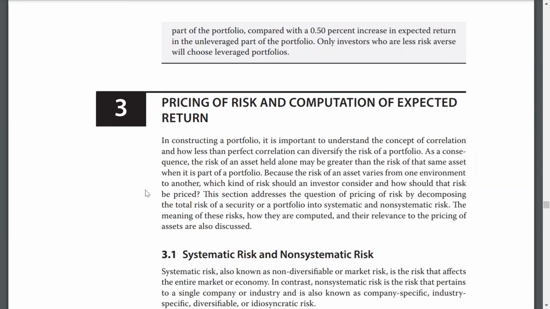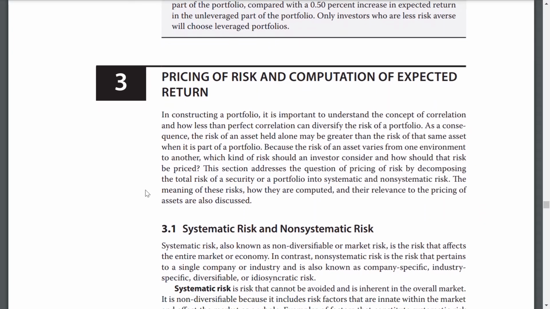Pricing of risk and computation of expected returns. In constructing a portfolio, it is important to understand the concept of correlation and how less than perfect correlation can diversify the risk of a portfolio. As a consequence, the risk of an asset held alone may be greater than the risk of the same asset when it is part of a portfolio, because the risk of an asset varies from one environment to another.